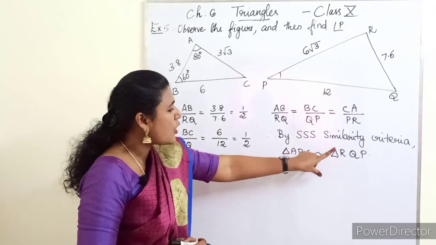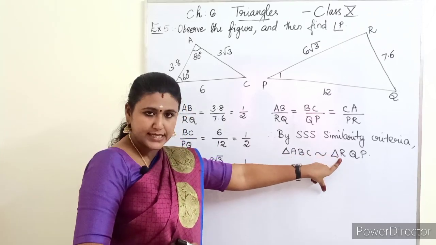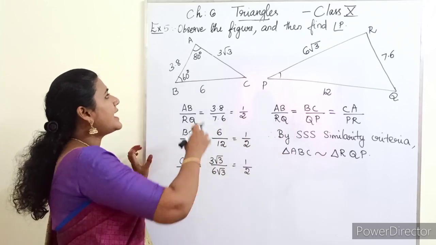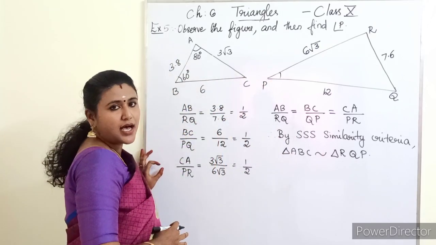Since the two triangles are similar, the corresponding angles are equal.